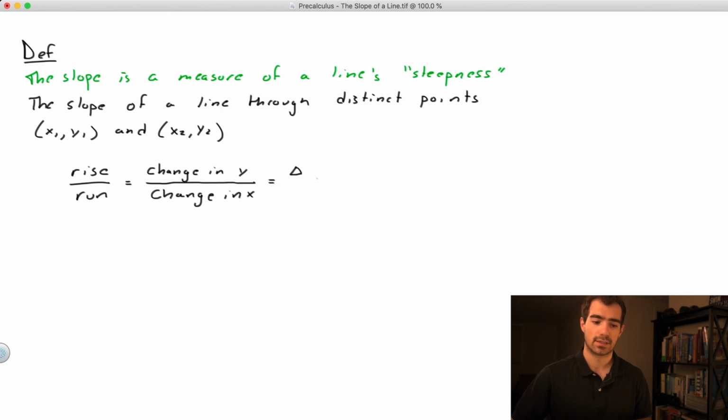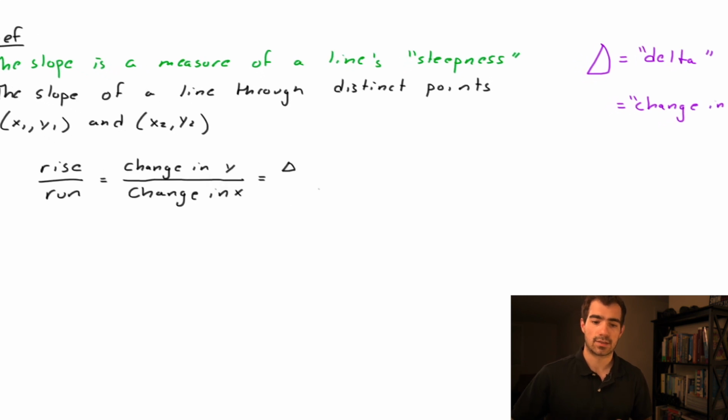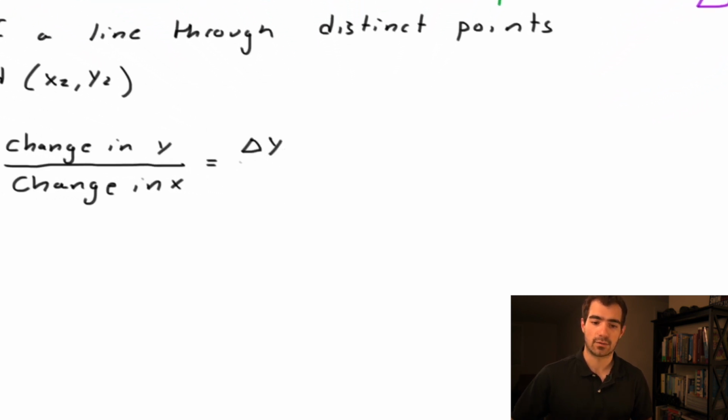which we can similarly write with this symbol here. I'll just note this delta symbol, this is called delta, and can be read as change in. And so we can write delta y over delta x.